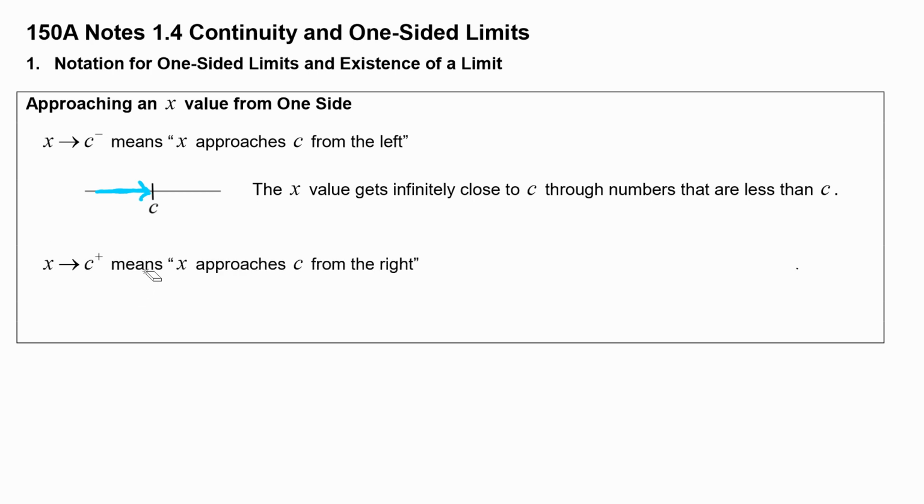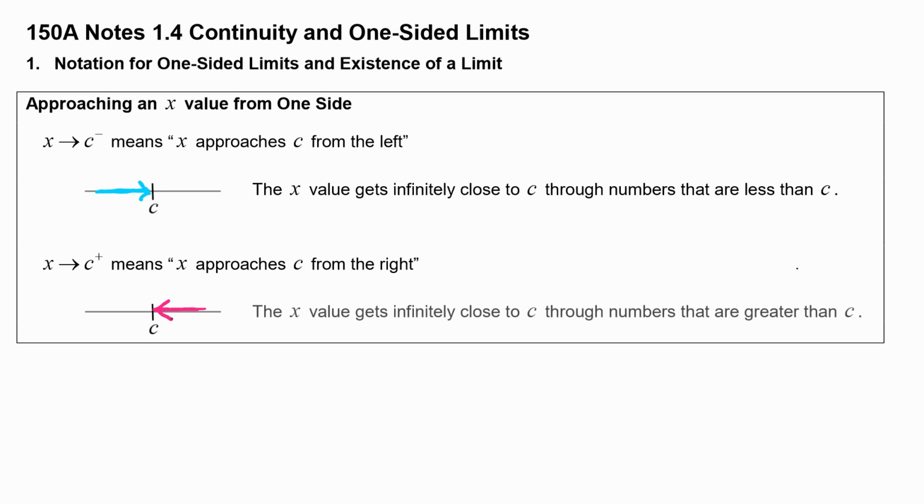Now this notation here, when it has a plus sign up in the exponent position, means x approaches c from the right. So the x values are coming in towards c, and they're getting infinitely close to c through numbers that are greater than c.